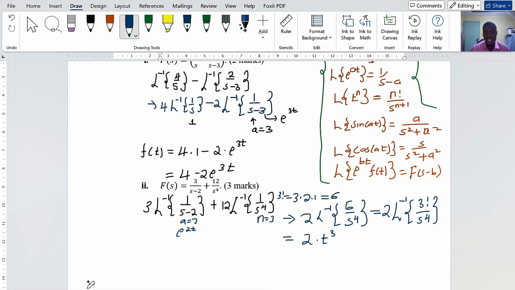Now this takes the form of this. Now, our f of t will simply be e^(2t) plus 2t cubed.